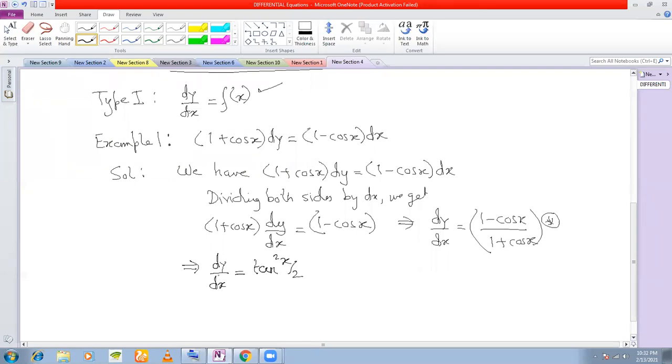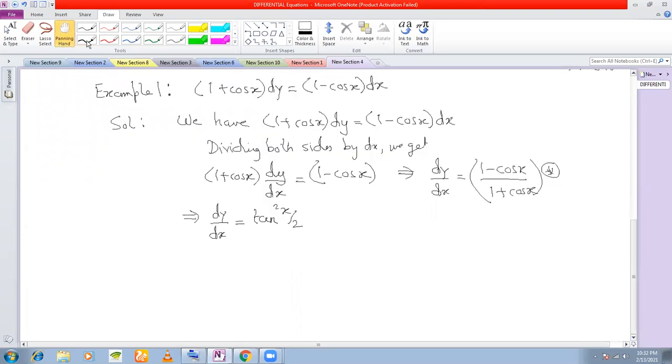Remember, from the trigonometry formula, what was tan square theta? It was (1 minus cos 2 theta) by (1 plus cos 2 theta). Remember this formula? So therefore we can write (1 minus cos x) by (1 plus cos x) as tan square x by 2.